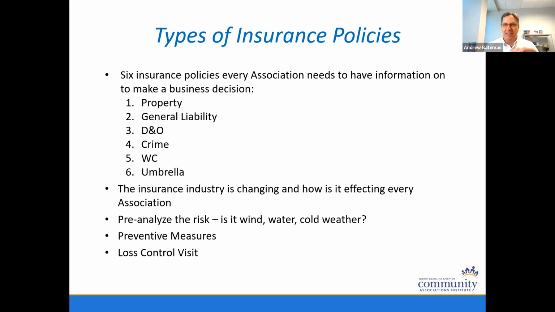As everybody is feeling the changes in the insurance industry, basically for the last year it has been hardening. Well, what does that mean? It means that the insurance is getting more and more difficult to get, stricter underwriting guidelines, and the premiums are increasing dramatically.